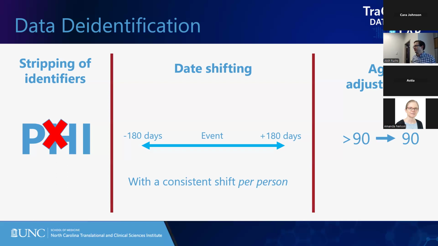My experience has been that this plus or minus 180 days comes up a lot, particularly in very large-scale databases, as the number that gets used. But I don't know if that points back to some seminal validation paper on de-identifying dates. But I think it's a good question to ask.